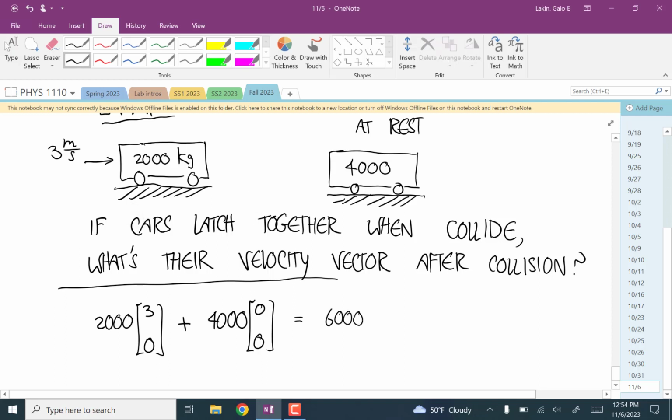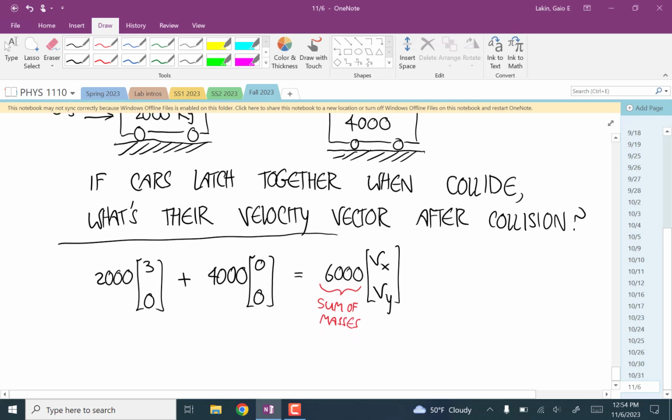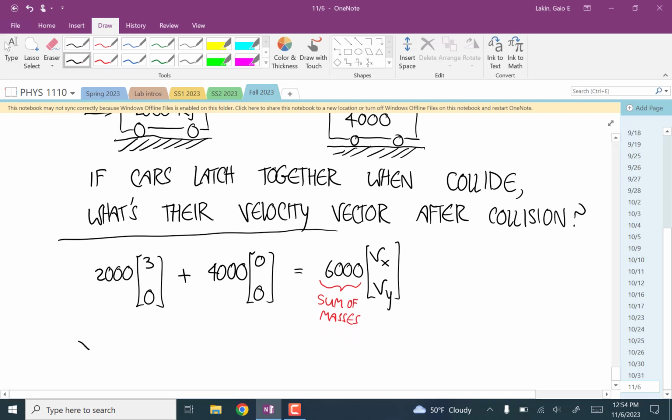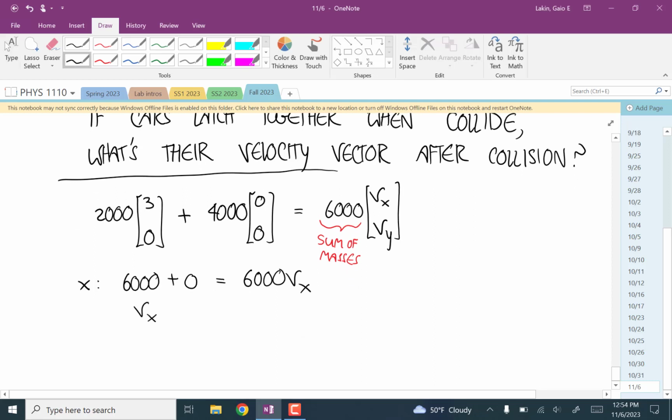We're going to calculate the two velocity components. Our x equation says 2,000 times 3 is 6,000, 4,000 times 0 is 0. This is equal to 6,000 Vx. And so Vx is equal to 1.